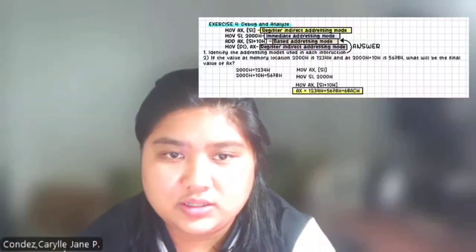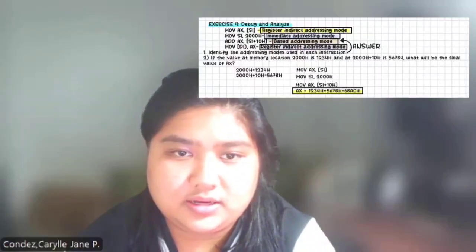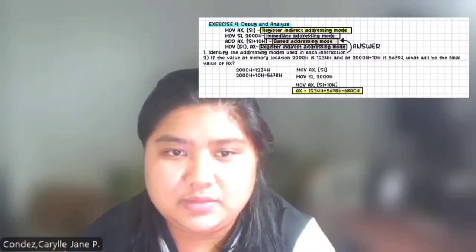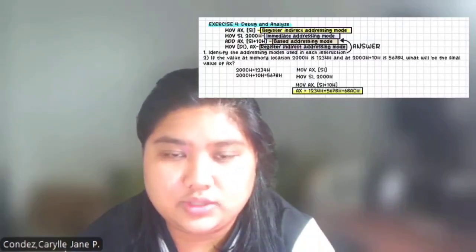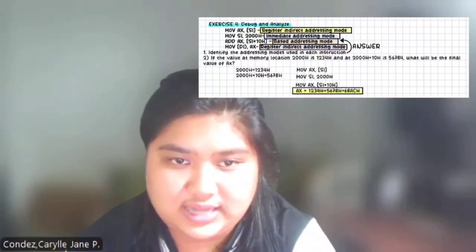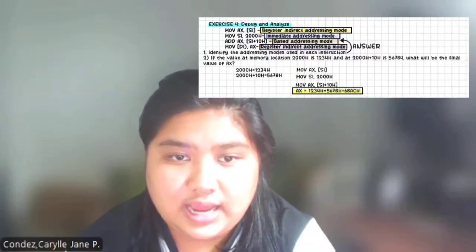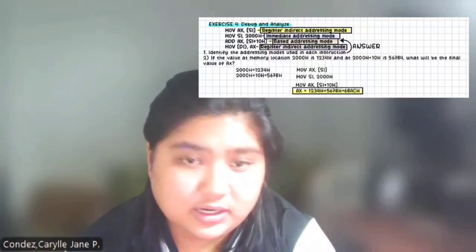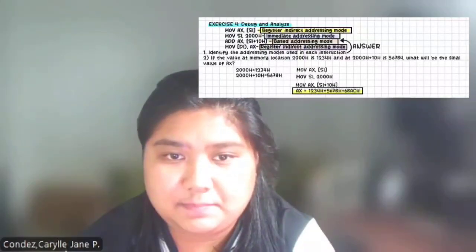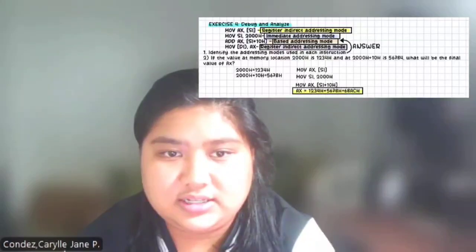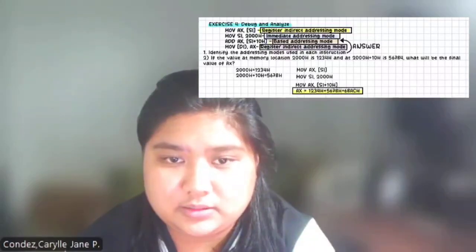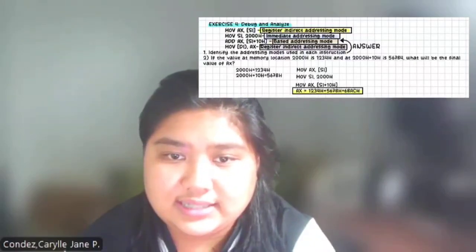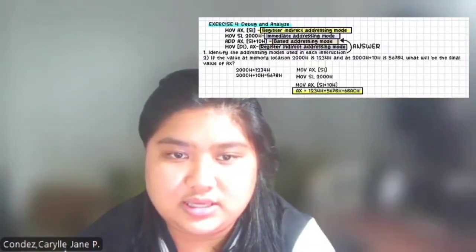So for the second one, the move SI, 2000H, it is immediate addressing because we load a direct value into SI. So for number three, add AX, open close bracket SI plus 10H. This is based with displacement mode because it adds SI plus 10H to get the address.